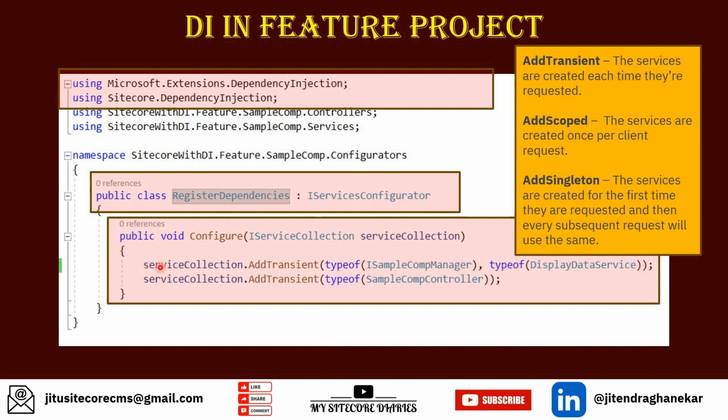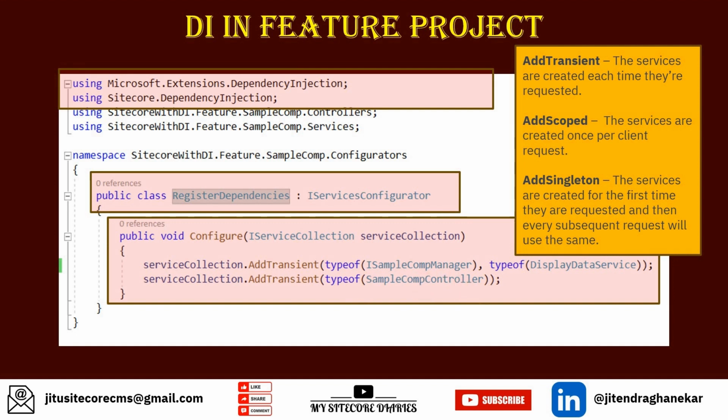Okay, and along with this, one additional thing which you have to do in Sitecore is you also have to give the dependency of your controller. Which controller are you using? For us it is SampleCompController, so we have to add this SampleCompController also in your dependency. Okay, this is the additional thing which we have to do for Sitecore.